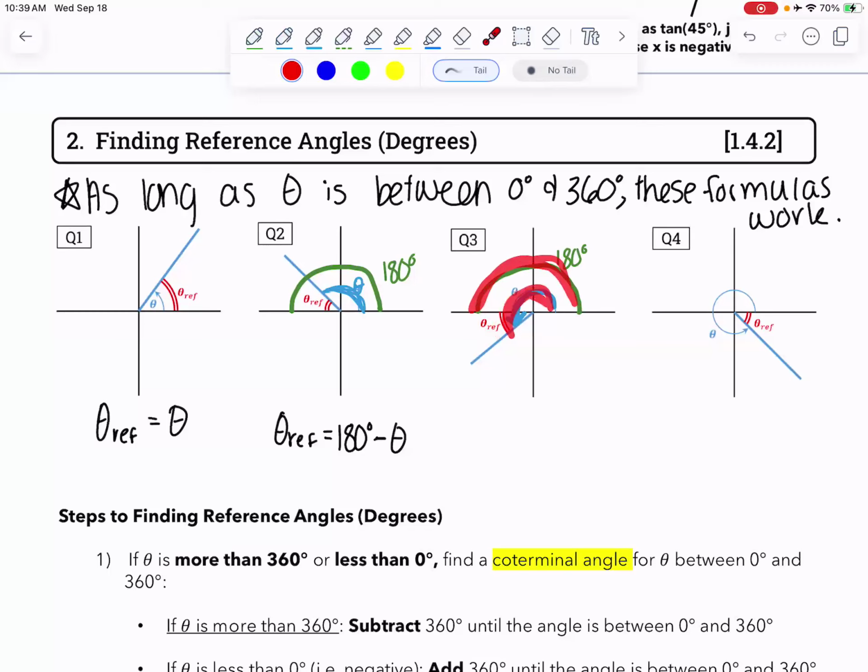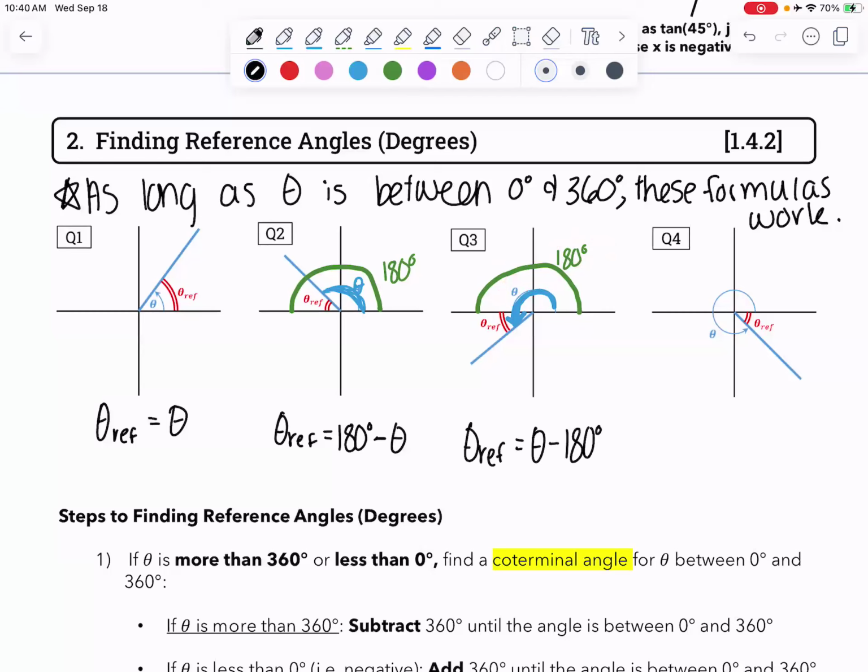Theta is a little bit more than that. I want to know how much that little bit more is. So I'm going to take theta and I will subtract the 180. So I'll take this whole thing and then I'll just subtract out this part and I'm left with the leftovers. So our reference angle is our theta value minus 180 degrees.